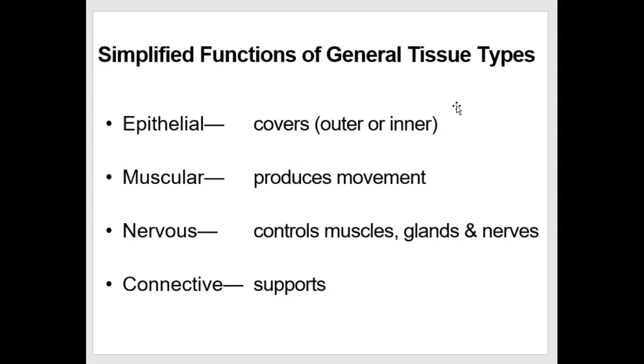It may not be movement of the entire body, it might just be movement of the heart or an organ like the stomach, but it produces movement. Nervous tissue controls other organ systems like muscles, glands, etc. And then connective tissue supports. So connective tissue is important in tying things together, and it's the most widespread in the body. It has various functions because there's so many different types of connective tissue.